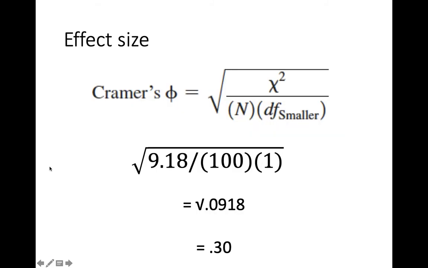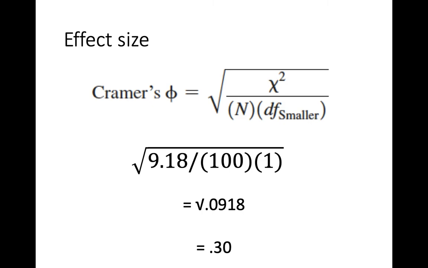We can still calculate an effect size to get a sense of the size of the relationship. The way that we do that with a chi-square test for independence is to calculate Cramer's phi. This is done by taking our chi-square and dividing that by n, which is the sample size, 100, and then dividing by degrees of freedom from the smaller side of the contingency table.